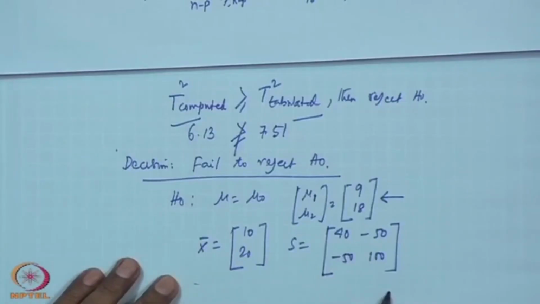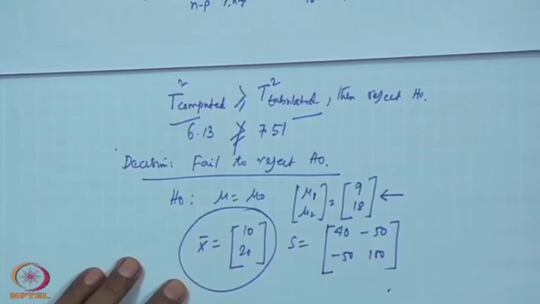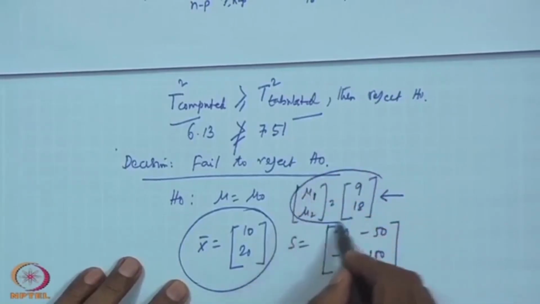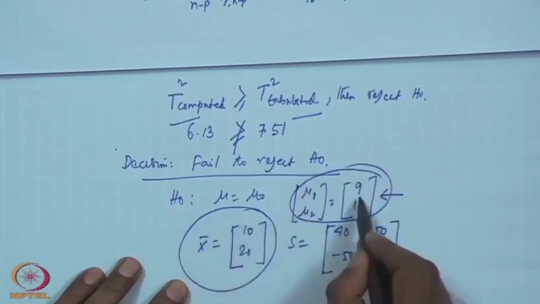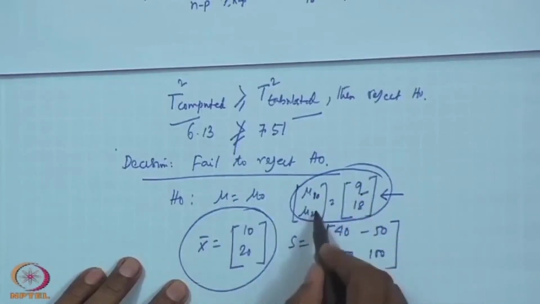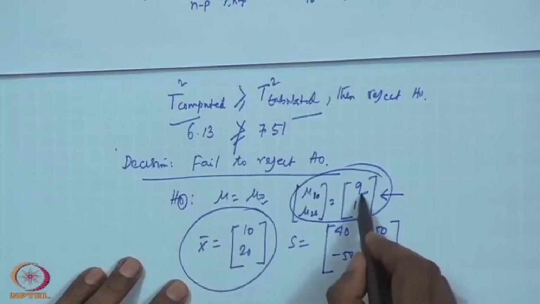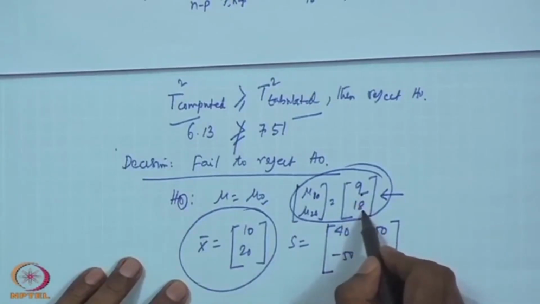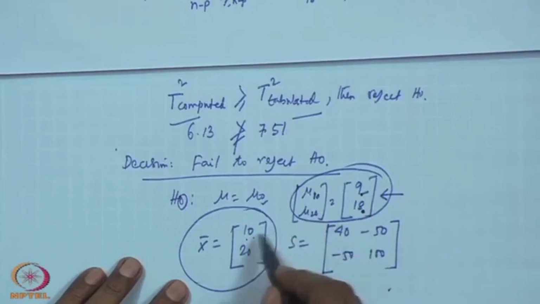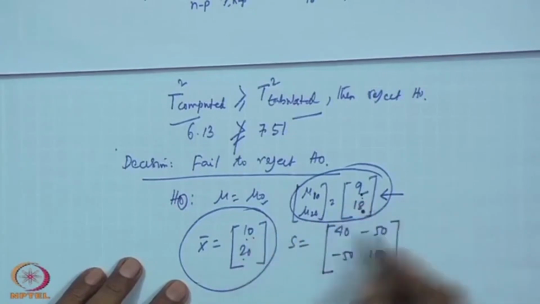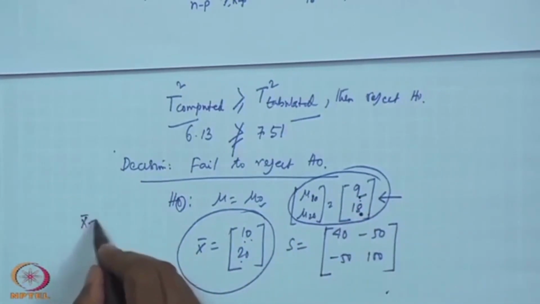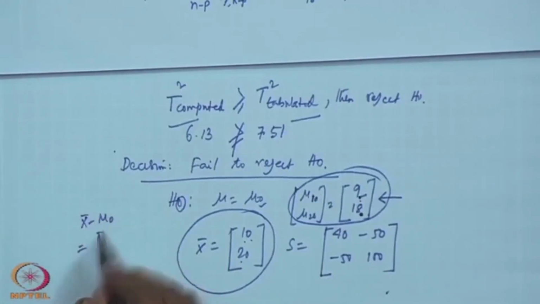Now you are creating one null hypothesis like this, mu 10 and mu 20, just to give this 0 notation here, 9 and 18. So the difference x bar minus mu 0 is 10 minus 9 is 1 and 2.